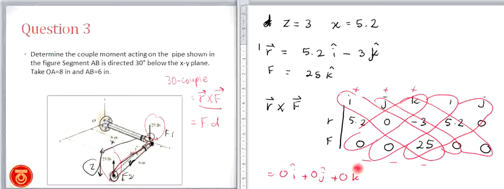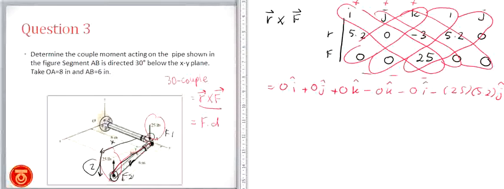And then at the bottom, minus 0k minus 0i, then minus 25 times 5.2 j. So the answer is negative 130 pound-inch in the j direction.